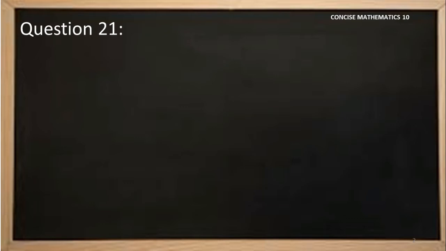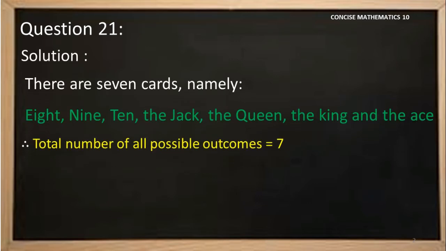Here they have taken few cards, how many cards? 7 cards. So let us list out which are all those 7 cards. 8, 9, 10 the number cards and the jack, queen, king and the ace. All these belong to the diamond category which is not required for us.